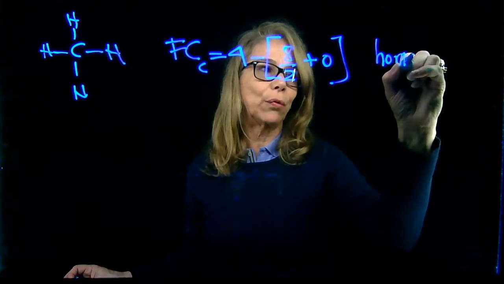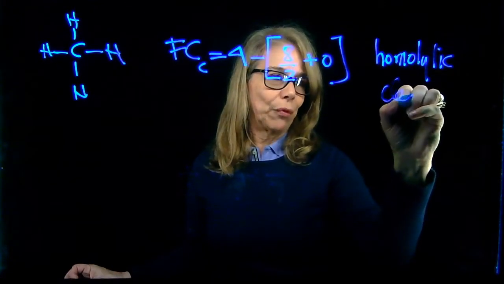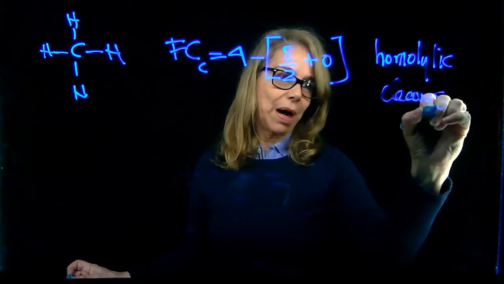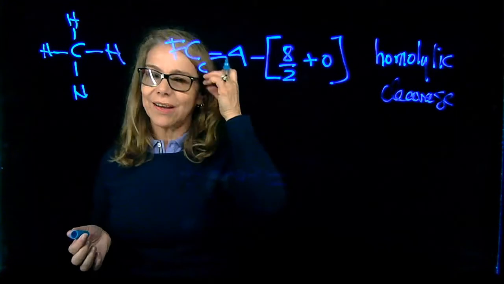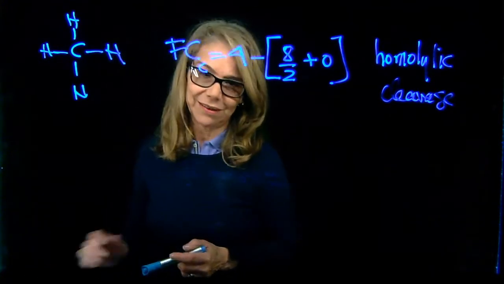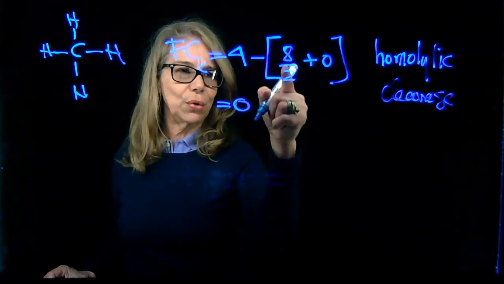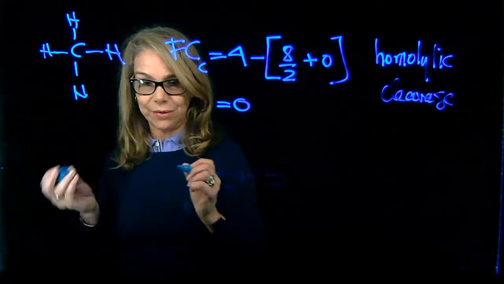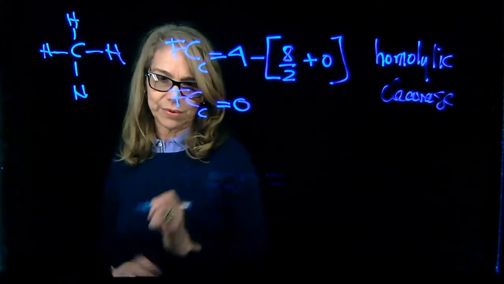It's as if we consider breaking a bond with 1 electron going to one side and 1 electron to the other atom. We study that type of cleavage when we study radical reactions. But the point is that we consider the electrons in bonds equally shared by the 2 atoms, and we say that the formal charge of this carbon is 0.